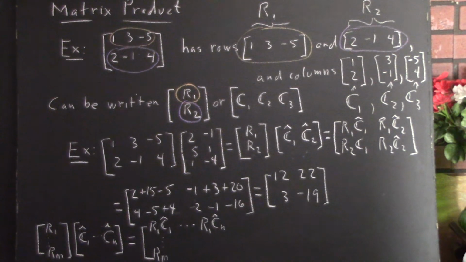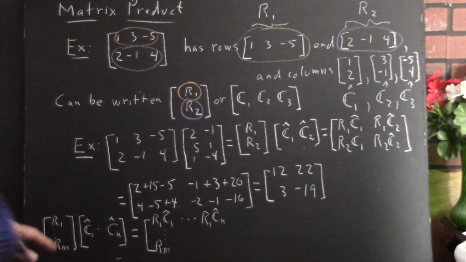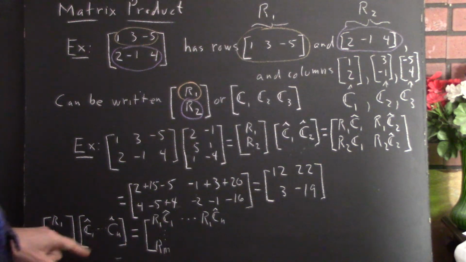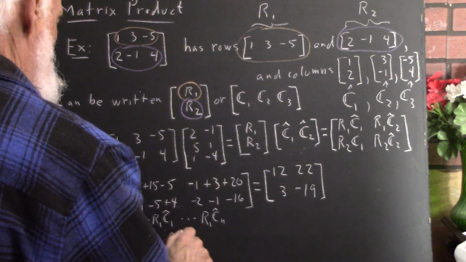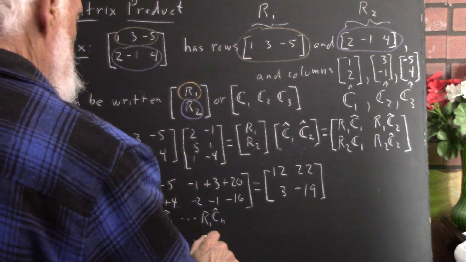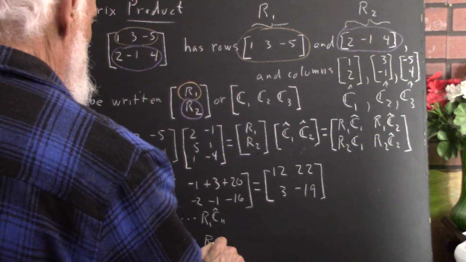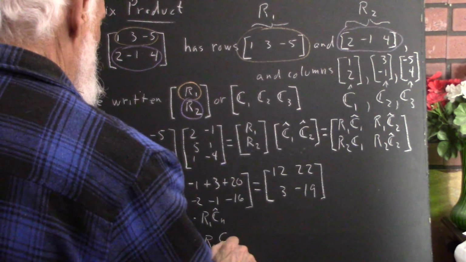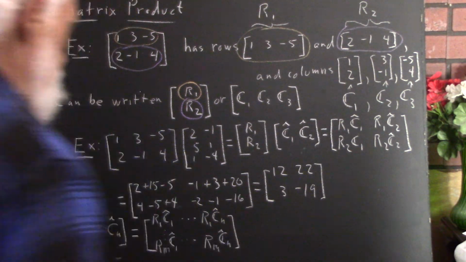Okay. So row M times column 1 hat up through row M times column N hat.